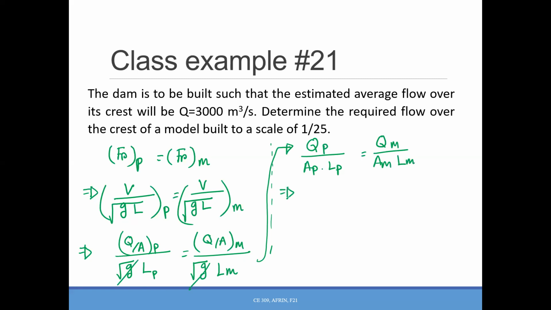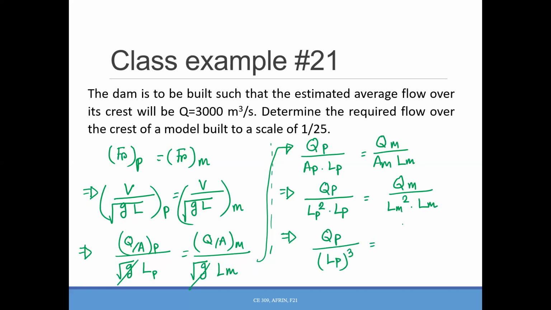Now, just a few minutes ago, we saw that for similitude, you can say the area is the square of the length. So LP squared, LM squared. So now it's QP over LP cube, QM over LM cube.